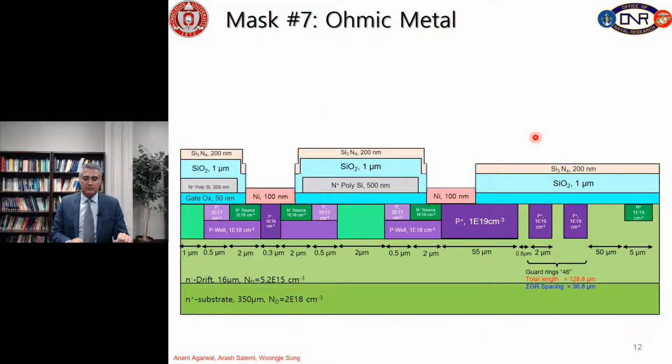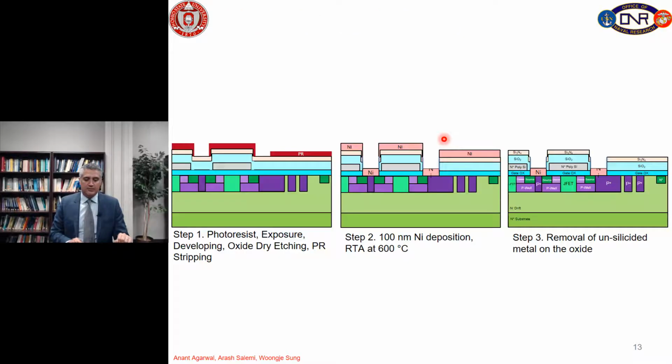Mask number 7 is Ohmic metal over the source, and also P plus over here and here. For this step, for sure we need photolithography: coating a sample with photoresist, exposing, developing, and after that we can dry etch the oxide, silicon nitride and silicon dioxide, utilizing this photoresist mask.